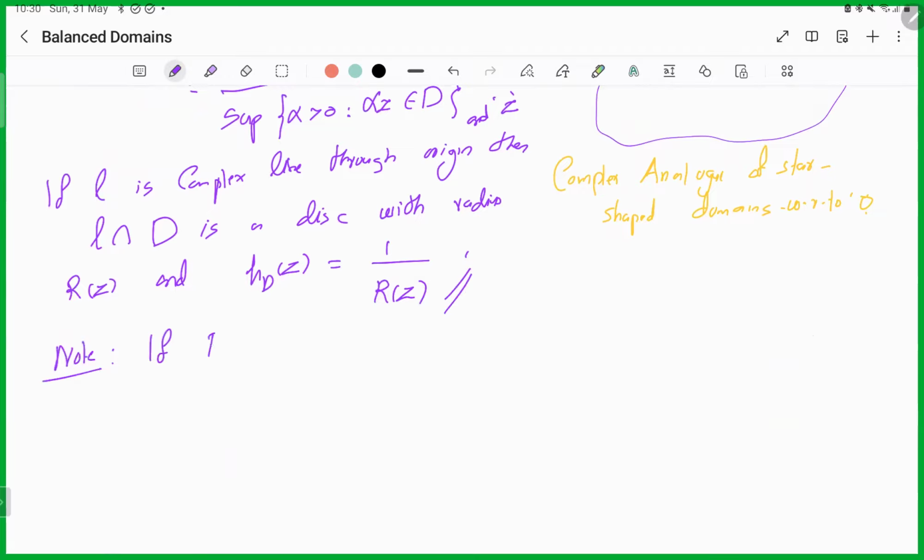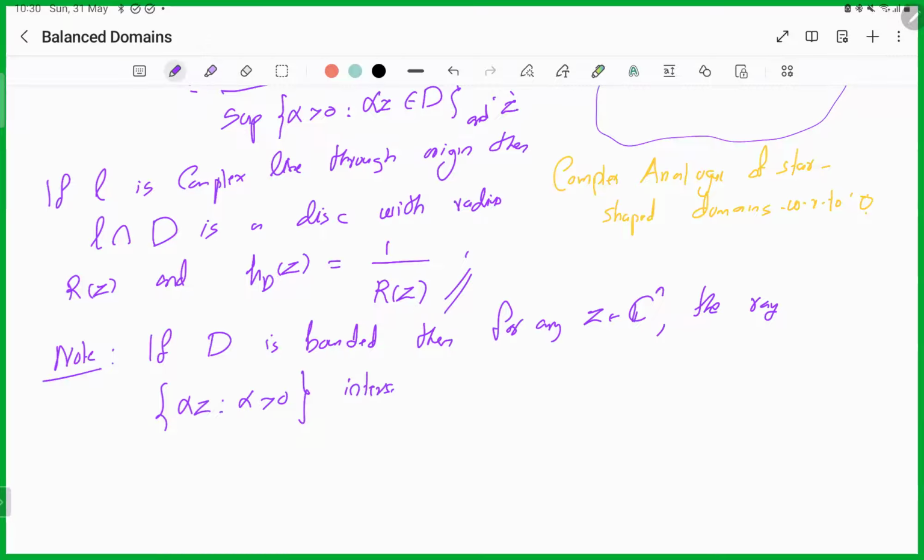If D is bounded, then for any z in Cn, the ray alpha z, alpha greater than 0, intersects the boundary. This implies that h_D is finite.